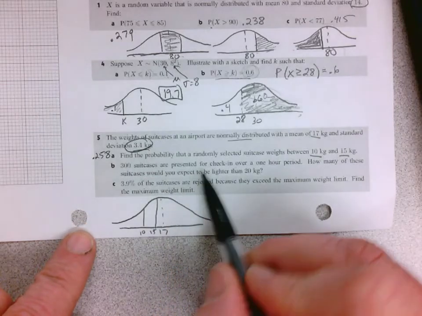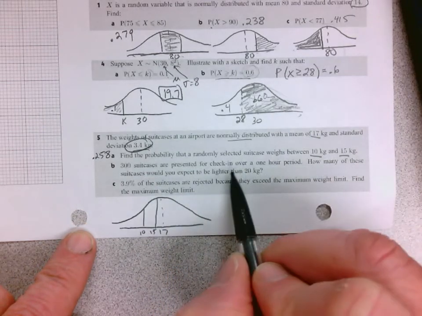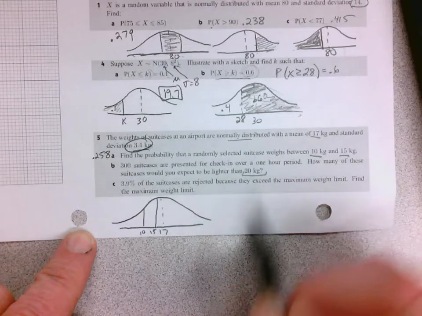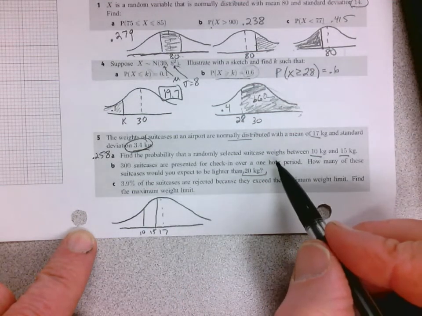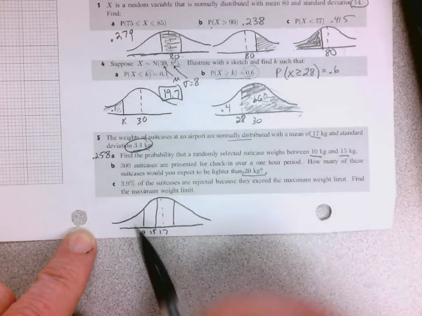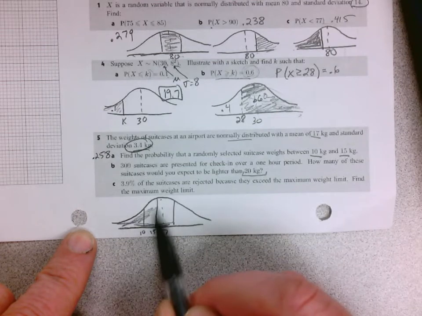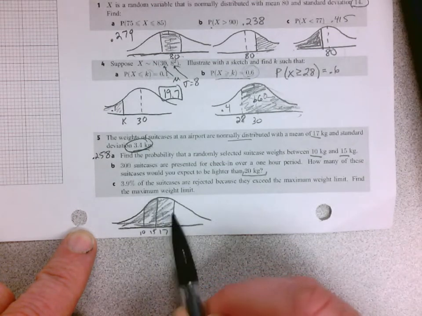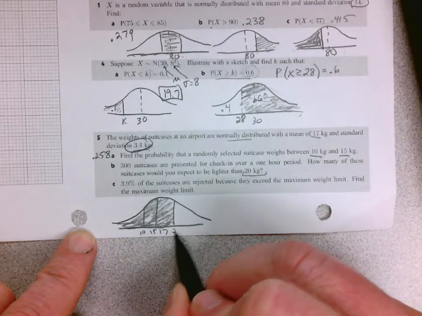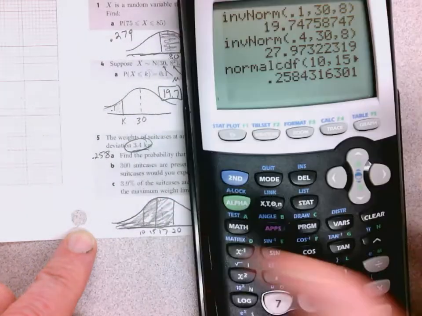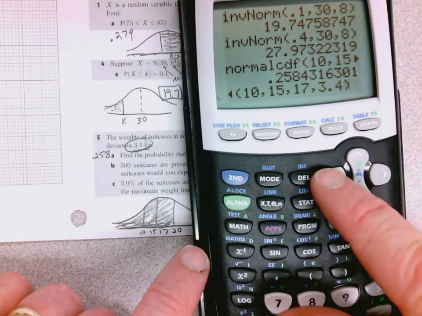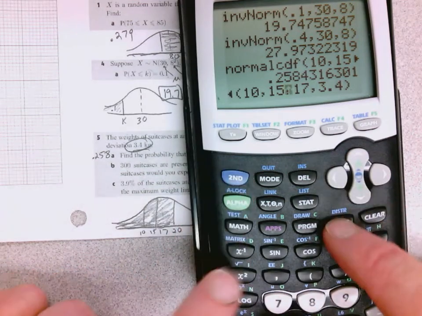300 suitcases are presented for check-in in over an hour. How many of these would you expect to be lighter than 20? Okay, I'm going to use the same picture here. So I'm going to put 20. So I can find this probability first.